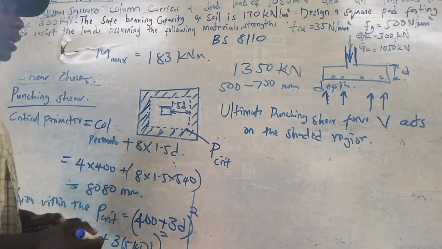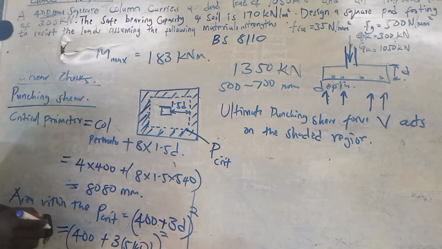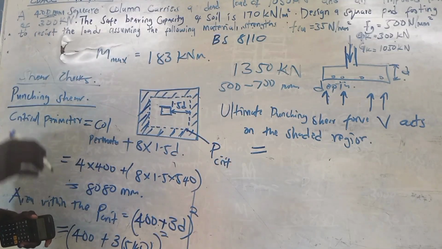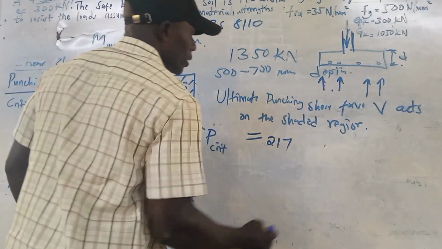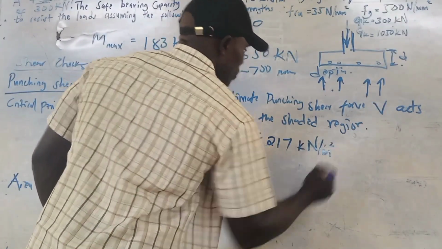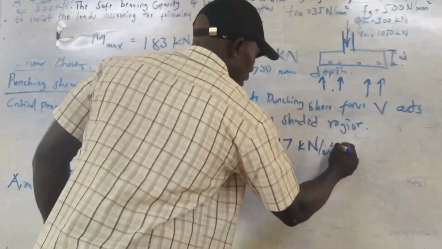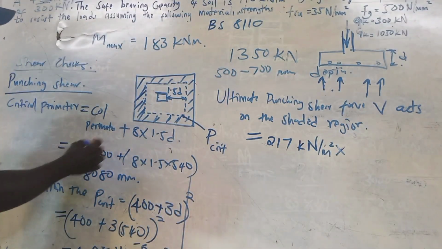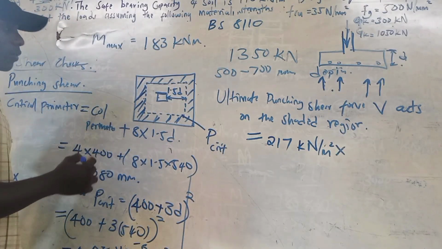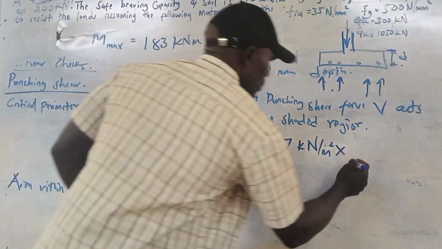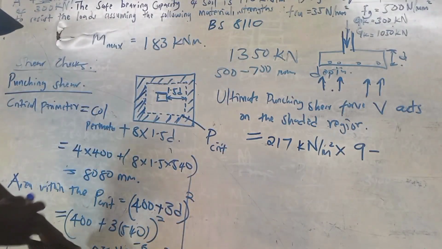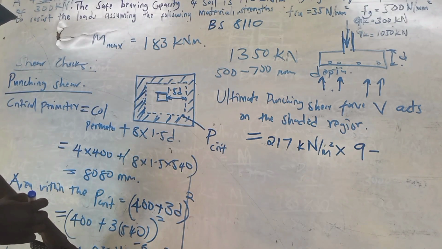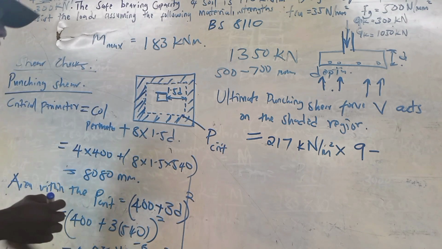So the ultimate force acting on the shaded region will be the soil, the earth pressure, which was 217 kilonewtons per meter squared, times the area of the shaded region, which you are going to get by subtracting the total area minus the area within the critical perimeter, which is 4.08.